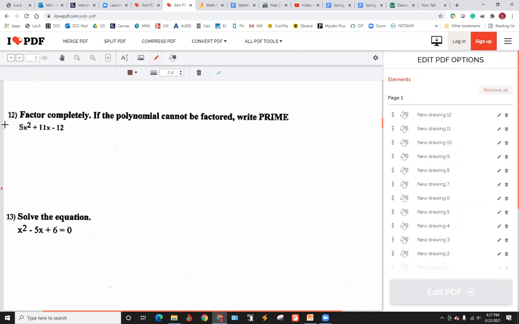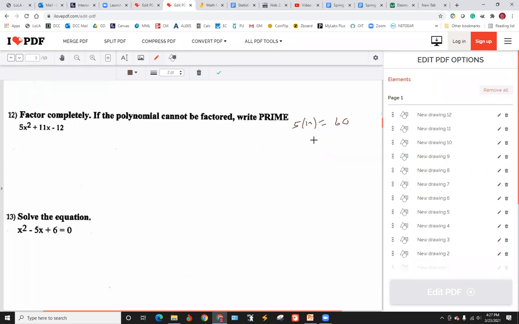So that's going to be 60 times 12. So we need to have a difference of 11 because this is negative. So they're going to be different signs.